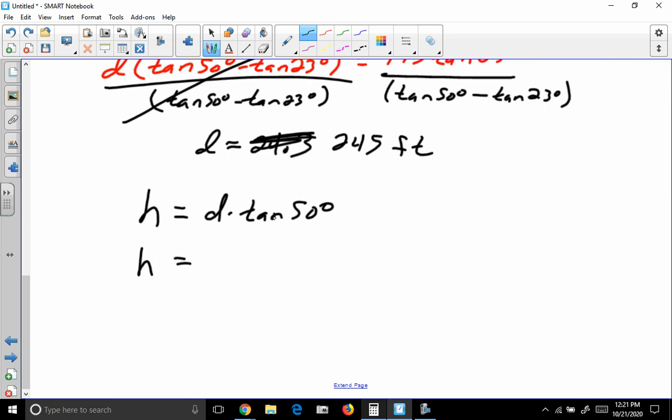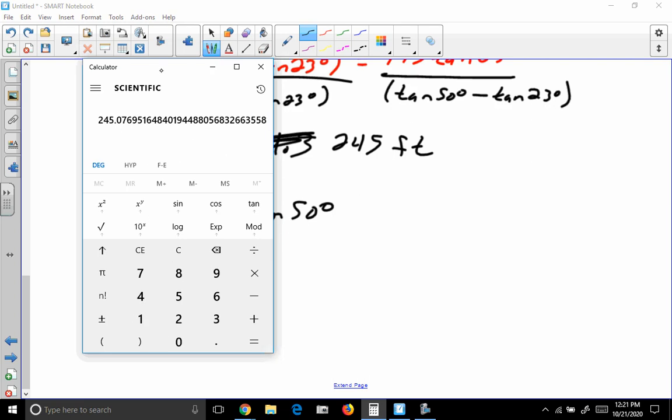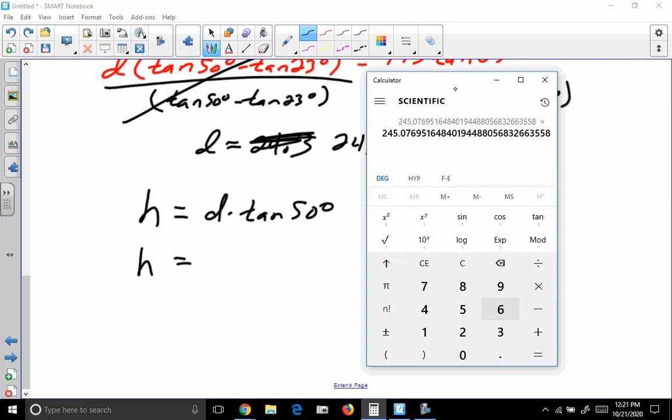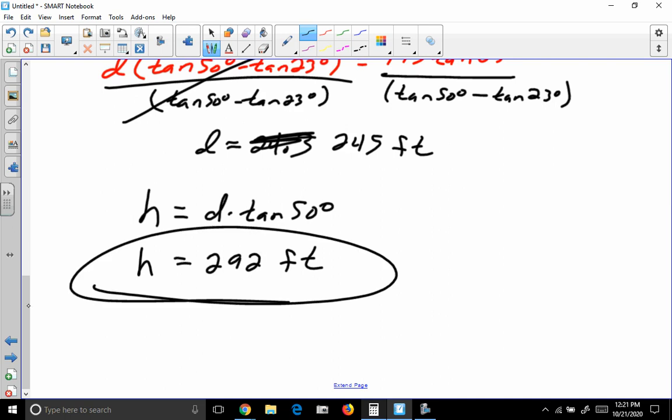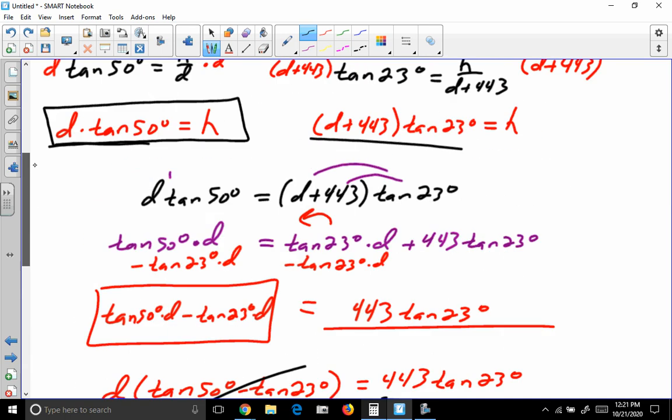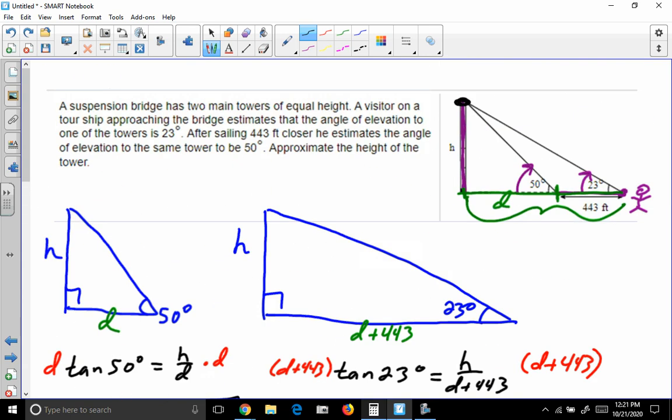So whatever I just got for d, I'm just going to leave that value in my calculator, and I'm going to multiply that times tangent of 50, and that gives me 292. So I have a height of 292 feet to the top of that tower.